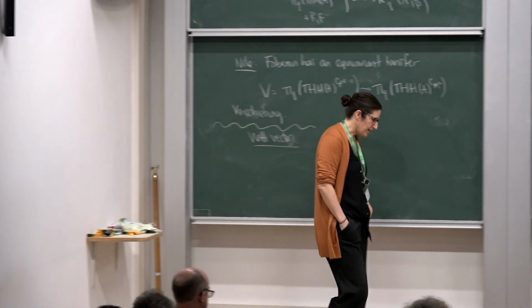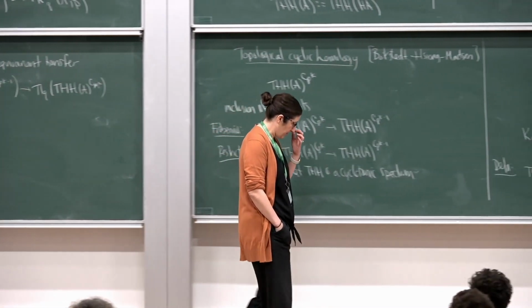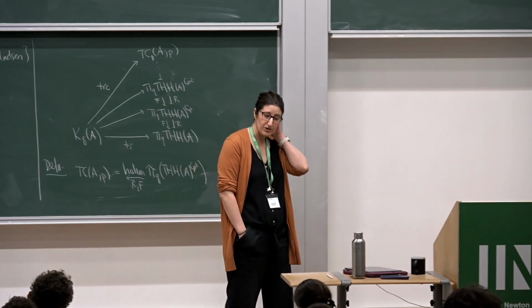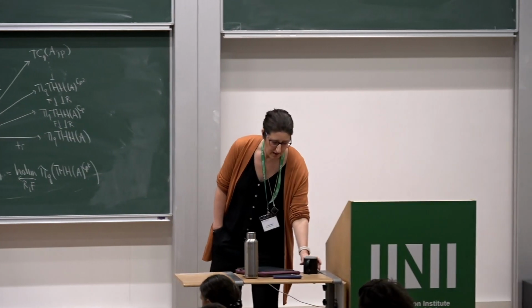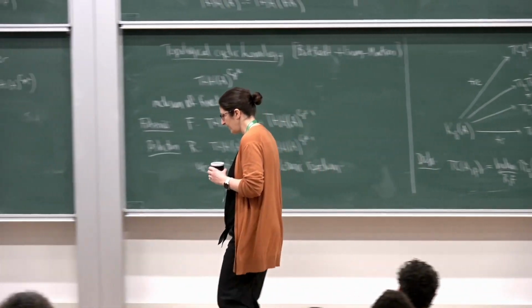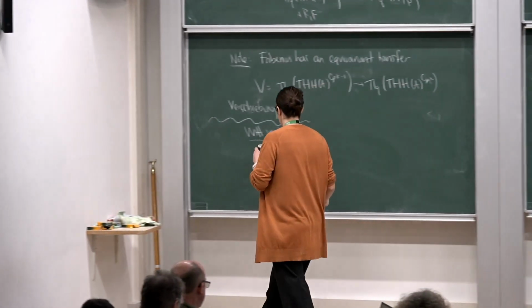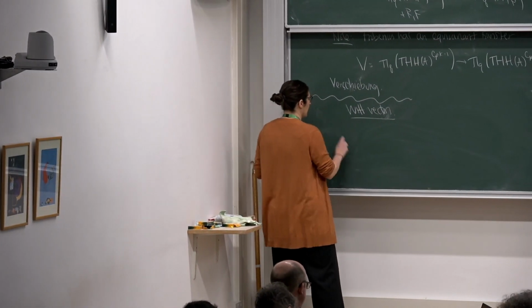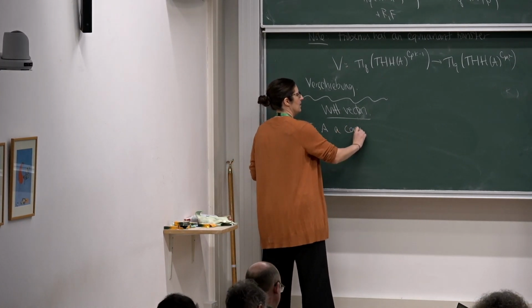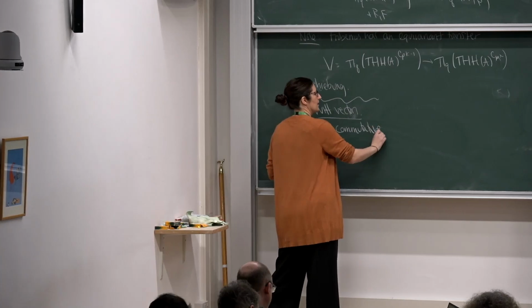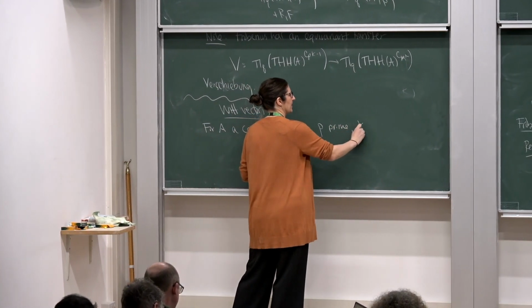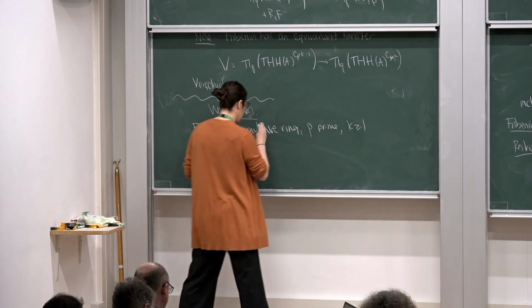So what are Witt vectors? Well, Witt vectors are some algebraic object. They come up a lot in algebraic geometry, number theory, also in topology. And so let's remember or learn what Witt vectors are. I want to think about Witt vectors for a commutative ring. So let A be a commutative ring, p a prime, and let's pick an integer k greater than or equal to 1.